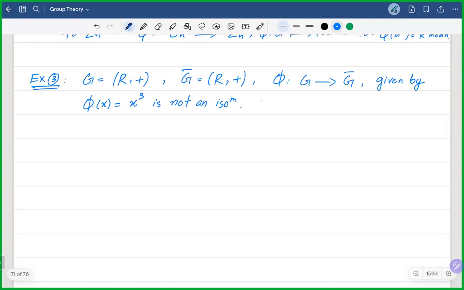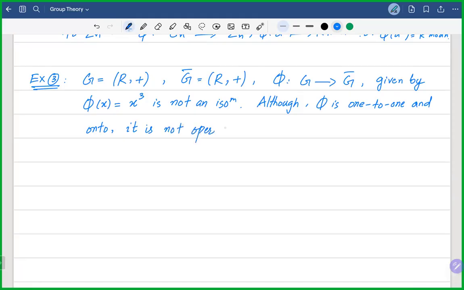Although phi is one-to-one and onto, it is not operation preserving.